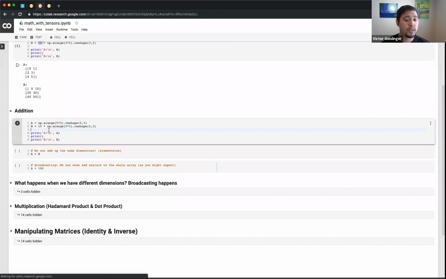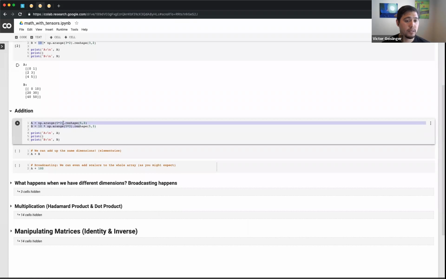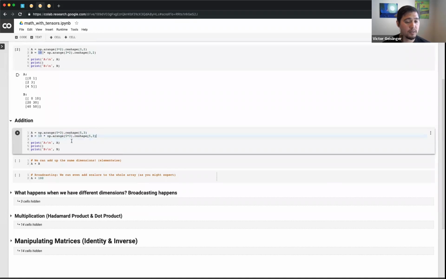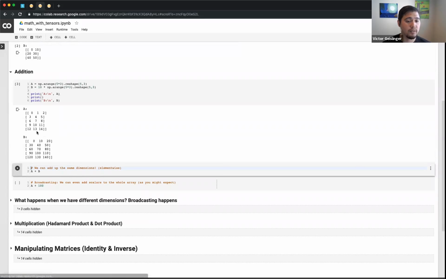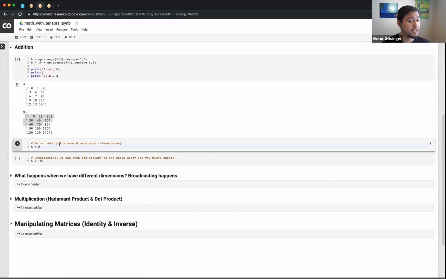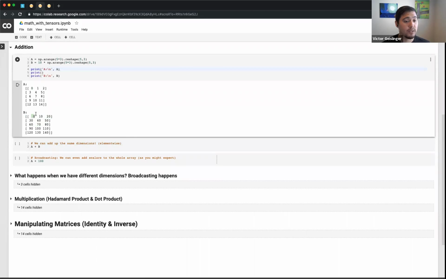Now when we do addition here, I have our original matrix. Is that right? Oh no, I'm sorry, these are different matrices. You can see I do have a 5 by 3, so they're slightly bigger matrices. Same idea: I can add them up since they have the same dimension. If you remember from school, this will add up element-wise since they're the same shape.